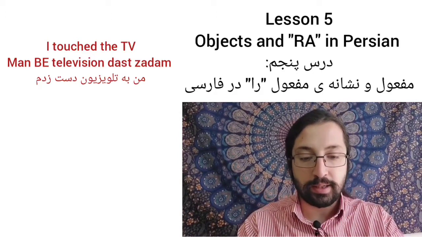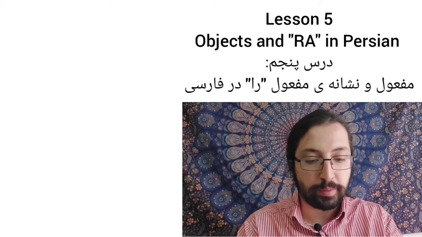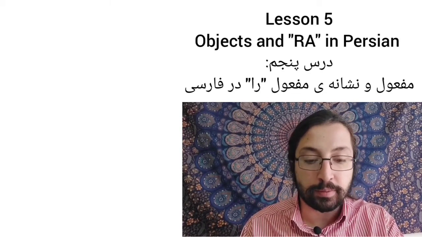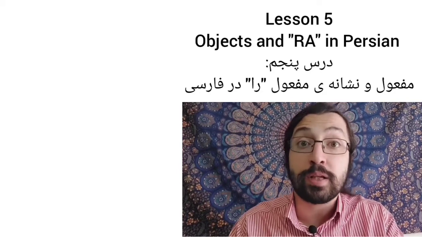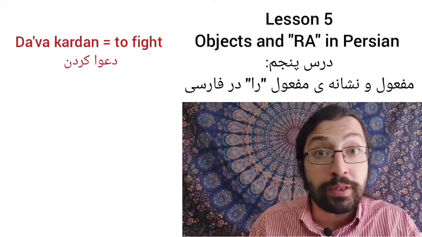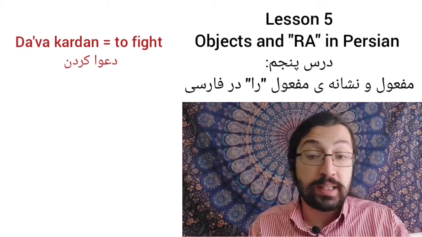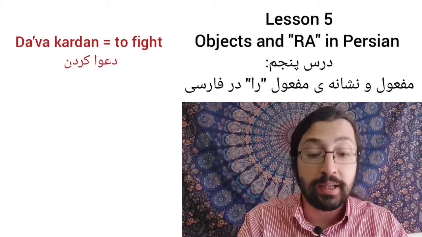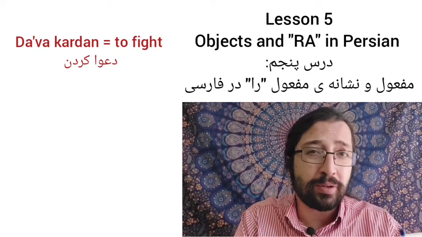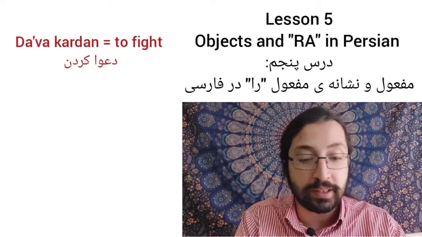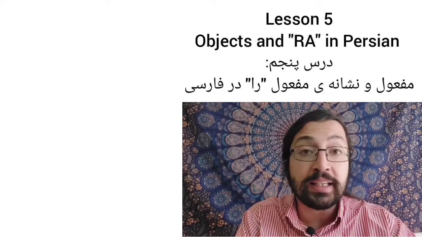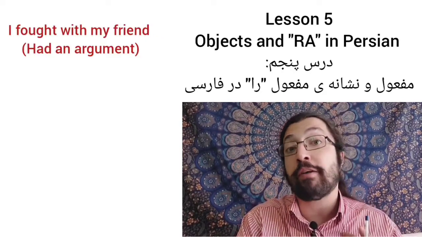Okay, let's take a look at more verbs of this type. Like here I have the verb to fight with someone, to have an argument with someone. It's دعوا کردن in Farsi. But it actually means to have a physical fight and argument with someone. So I want to say I had an argument with my friend.